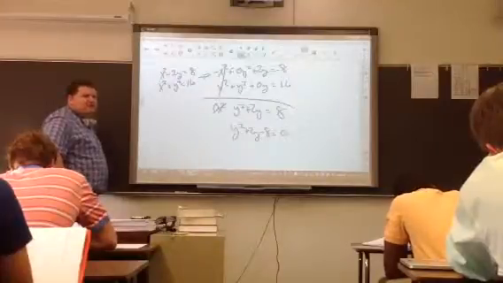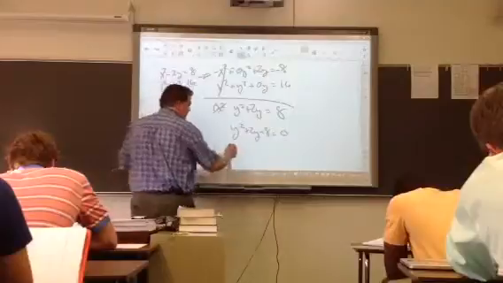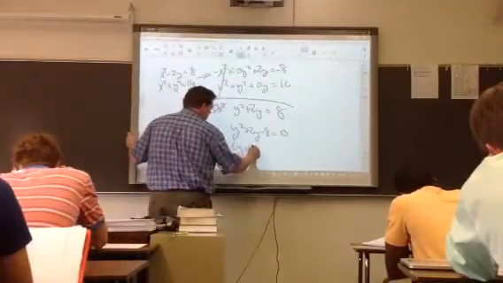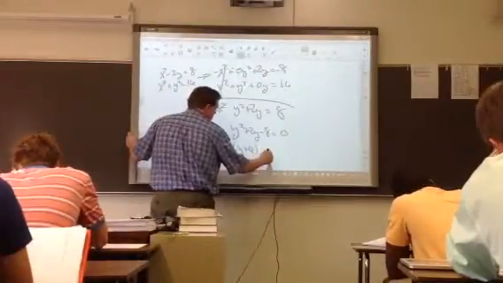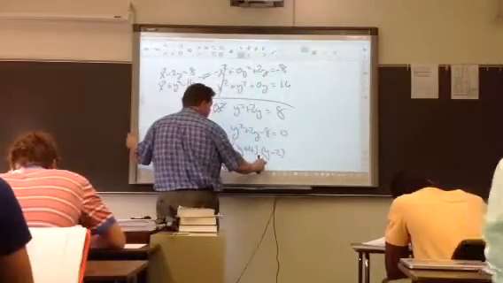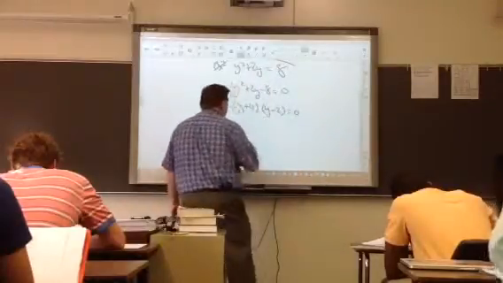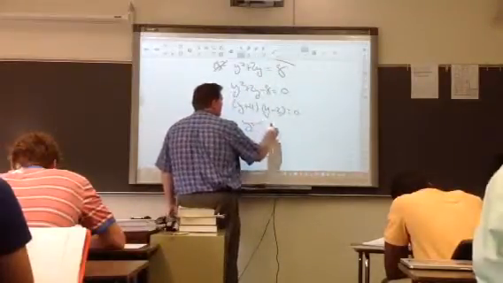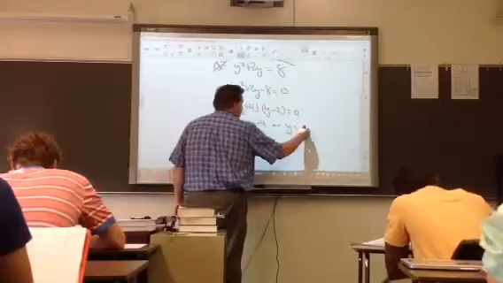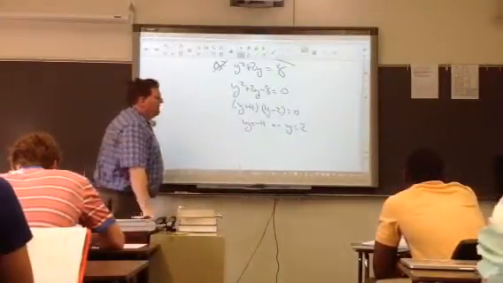What's it factor to? y plus 4 and y minus 2. So y plus 4, y minus 2 is what we get. And so that means y is going to be equal to negative 4, or y is going to be equal to 2. Now, that's what we've got for y.